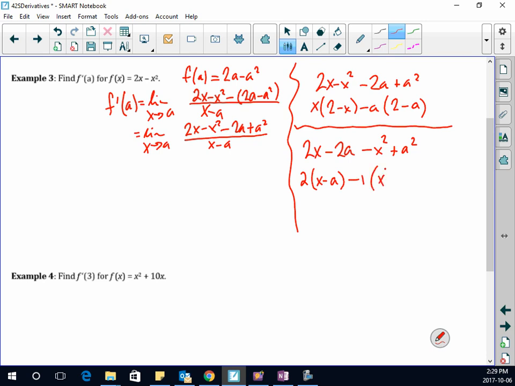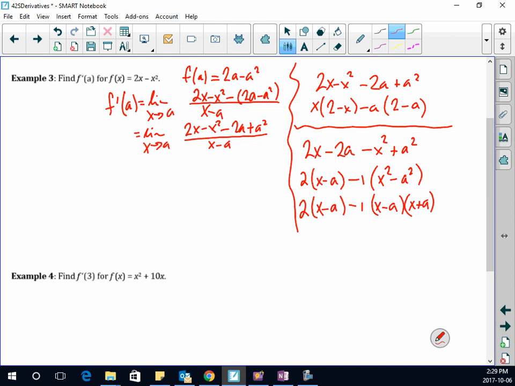I get x squared minus a squared. And you're thinking, oh, difference of squares, bonus. So I'm going to do this again: 2 times x minus a, minus 1 times x minus a, x plus a. Yes? So, depending on how you learned factoring in grade 10, there was what was called the decomp method.